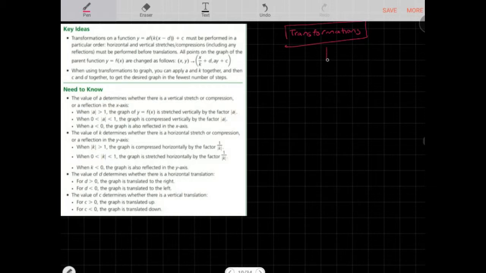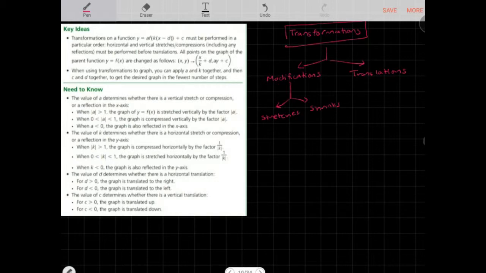Transformations can be grouped as modifications, and modifications will change the shape of the function. And there's also translations. Translations change the position of the function. I like to think about modifications as two main branches: stretches and shrinks.